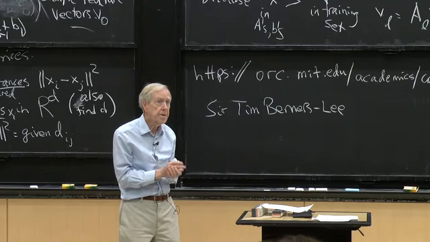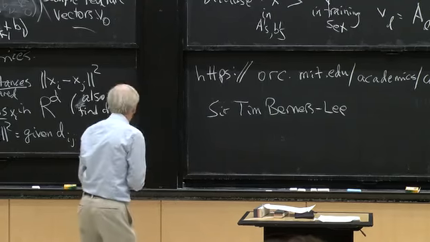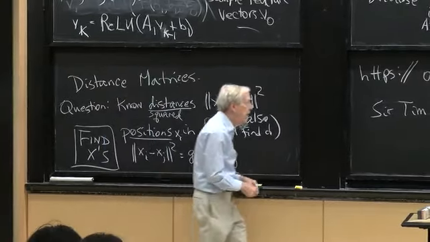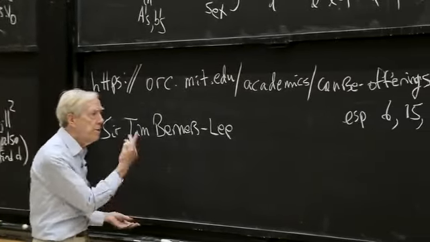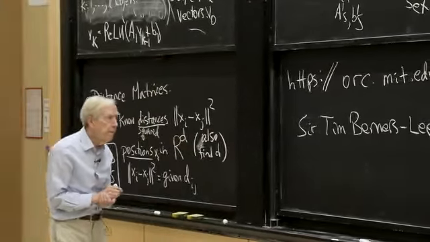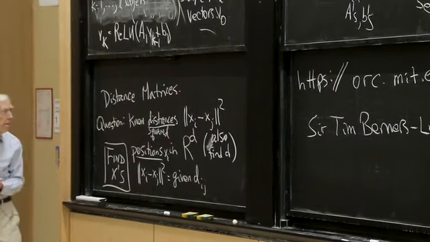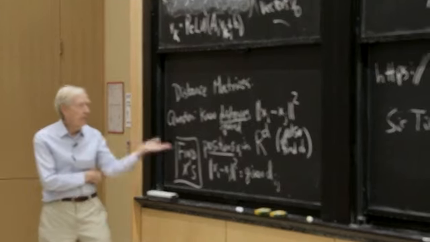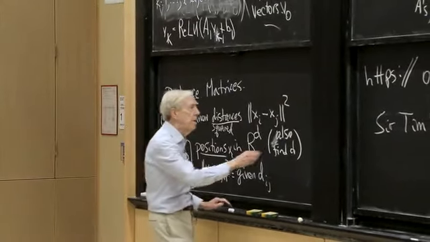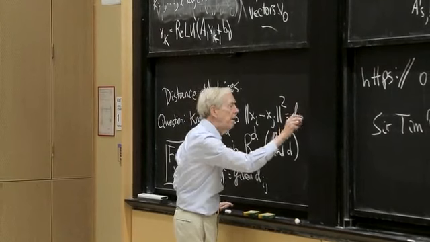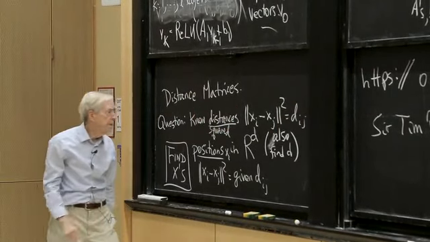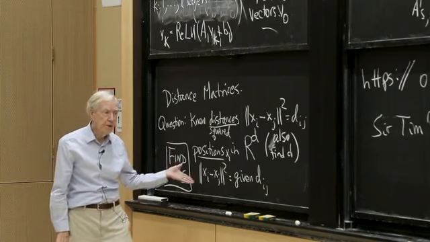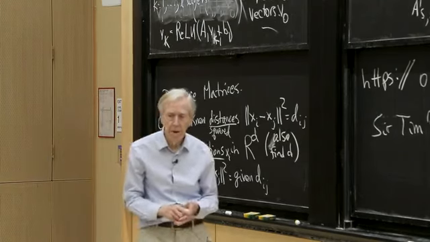Back to distance matrices. Okay, so here's the problem. Okay, so we know these distances, and we want to find the x's. So let's call this dij maybe. So we have a D matrix, and we want to find a position matrix. Let me just see what notation.